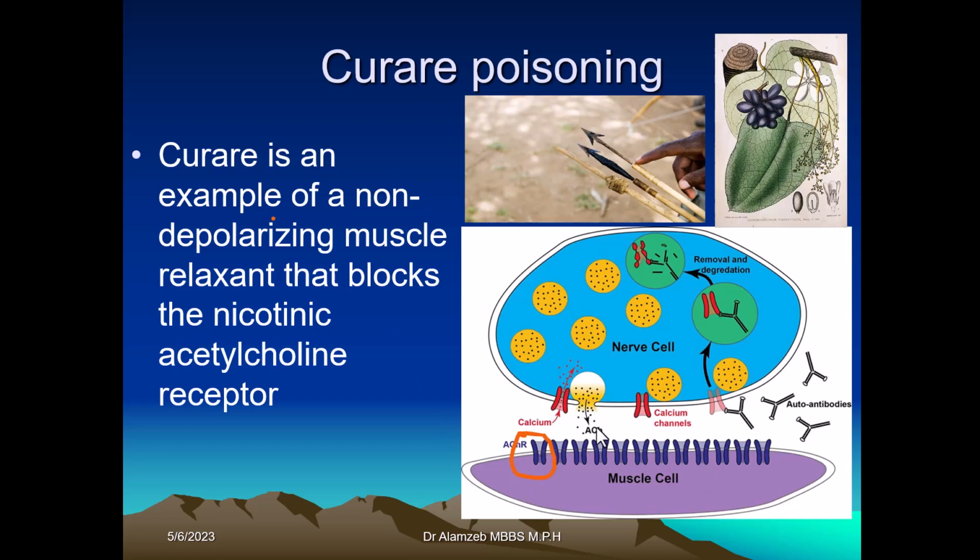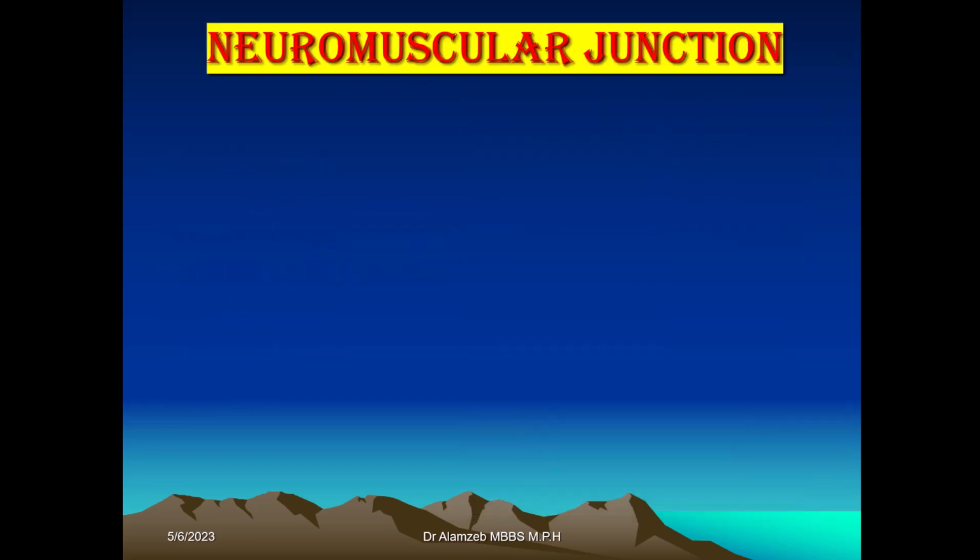In this case, acetylcholine is available, but the poison blocks the receptor and cannot pass the action potential to the muscle fiber, and in this way paralyzes the muscle.